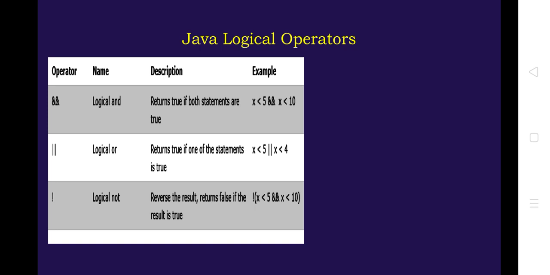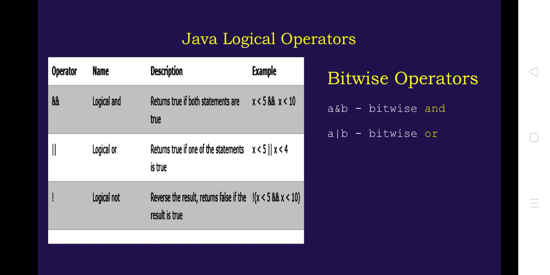The same operators apply to bitwise also. When you say bitwise operators, we have the same operators but given as a single symbol. So a & b is bitwise and. Likewise a | b, a single pipeline, is the bitwise or operator.